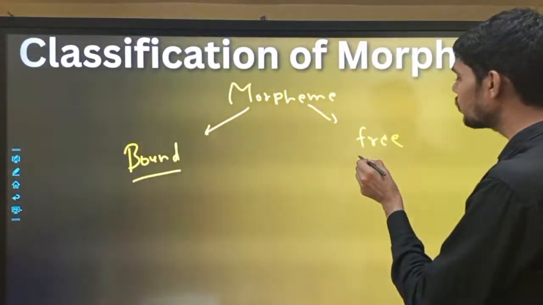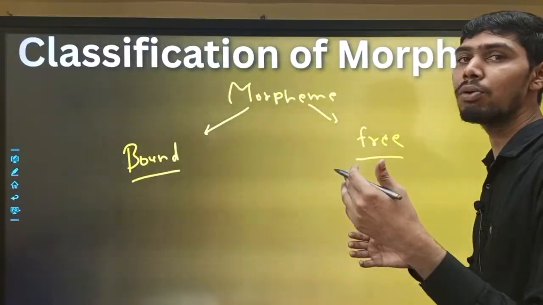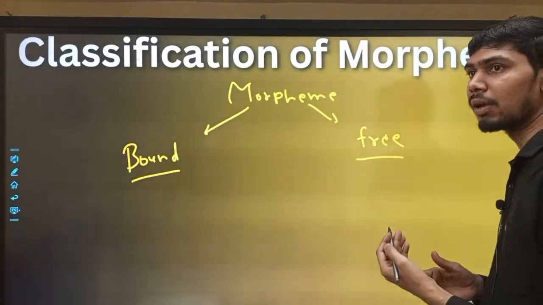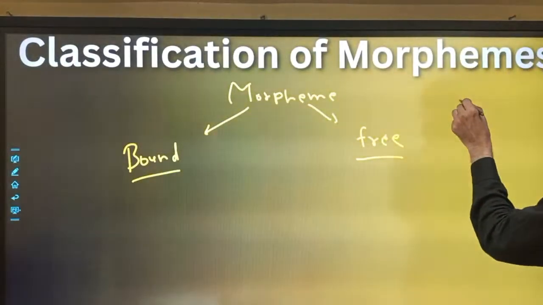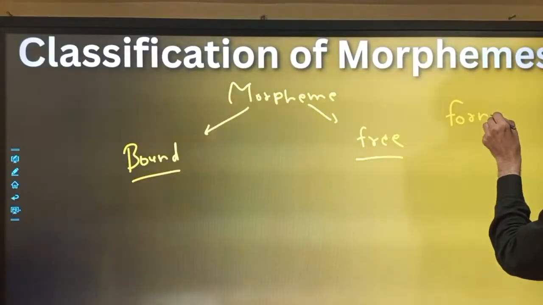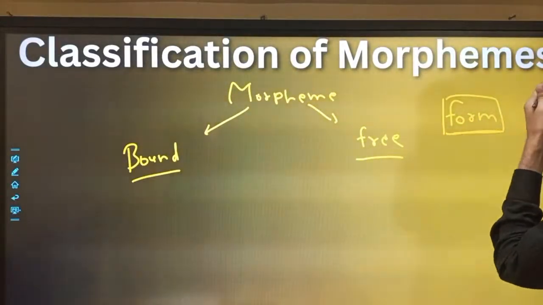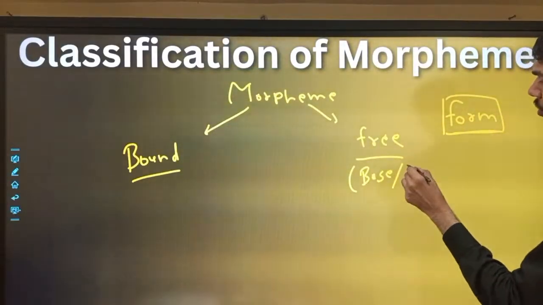And what about the free morpheme? A free morpheme is free itself, it doesn't need to bond to some word. It can carry meaning by itself. For example, the word form is a free morpheme. Sometimes it is called a base or root morpheme.